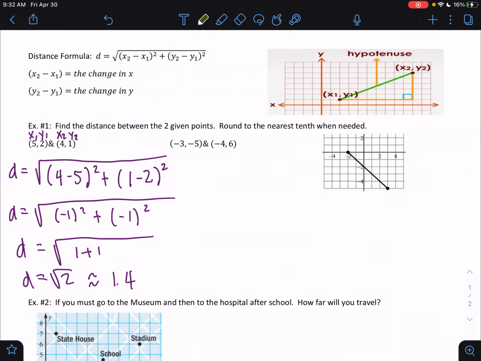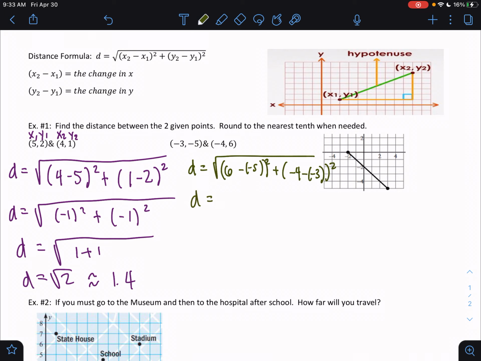Let's try this next one. We'll use the formula again for this one. So the distance is the square root. And we'll have 6 minus negative 5. Remember, you have to do minus negative 5. It's not just 6 minus 5. And that is squared plus negative 4 minus negative 3 squared.